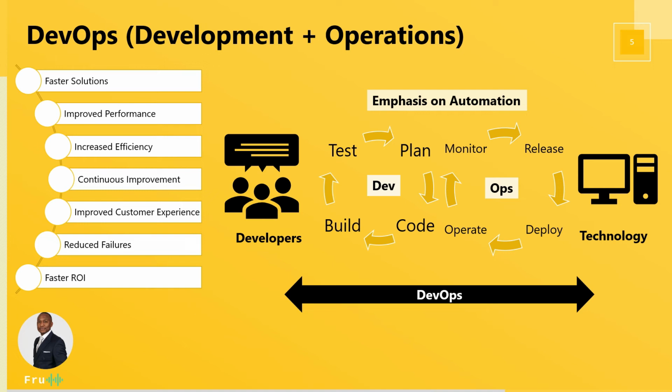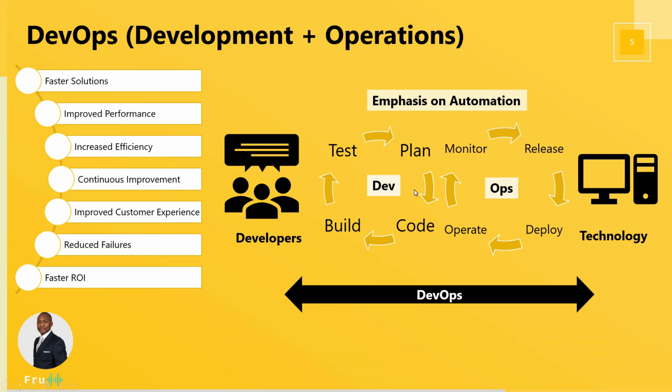So if you really think about DevOps, the operation side of it is a developer, once they do the planning, can write the code, click a button where it does the build, and runs through the test cases in an automated fashion. It does a release, again automated. It deploys it, operates, monitors, and all of that feeds back into the cycle. So a lot of automation focus in DevOps.